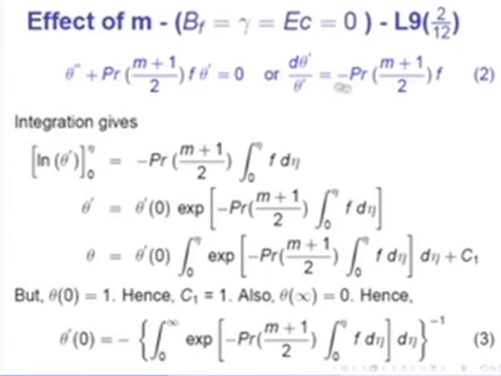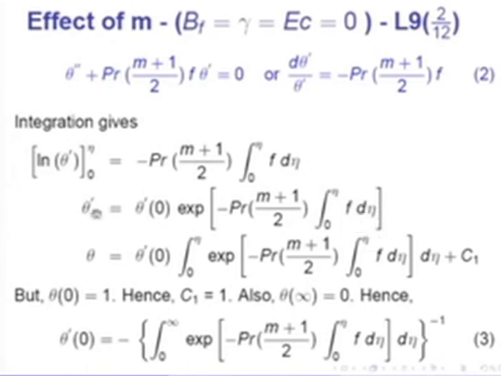If I integrate this equation once, I will get ln theta prime from 0 to eta equal to minus Prandtl (m plus 1) by 2, which is a constant, into the integral from 0 to eta of f d eta. Another way of saying it is theta prime at any eta would be equal to theta prime at 0 times the exponential of minus Prandtl into (m plus 1) by 2 times the integral from 0 to eta of f d eta.